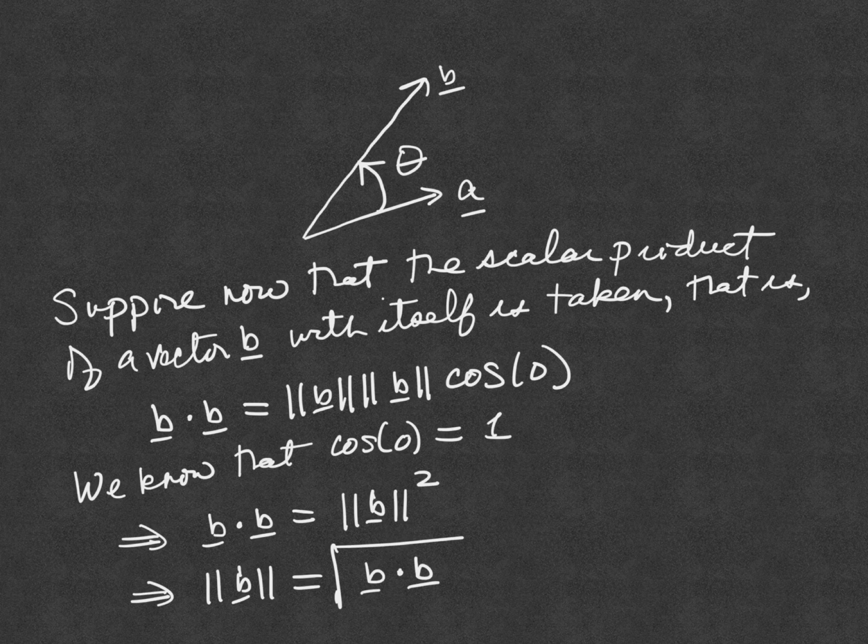Now, once we have the definition of the magnitude and we have the scalar product, we can define the concept of what's called orthogonality between vectors.